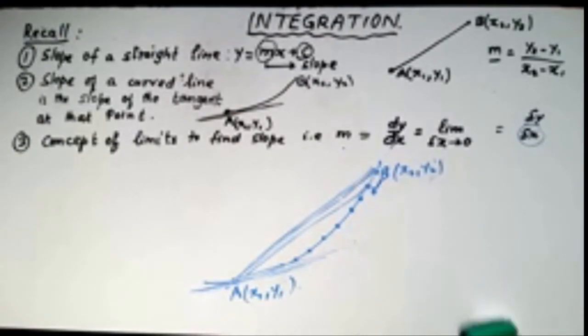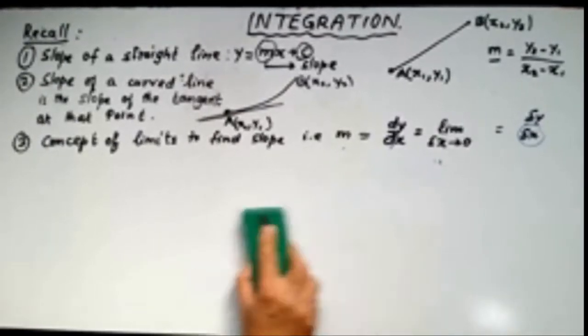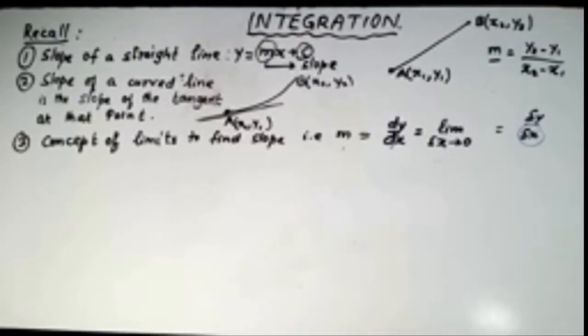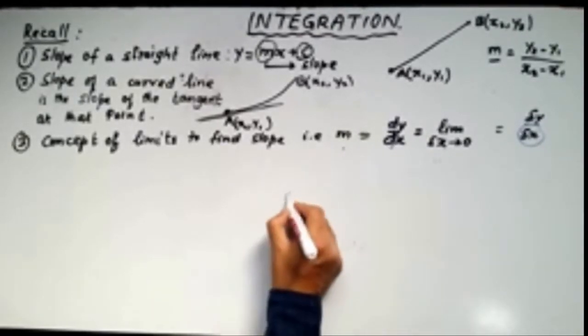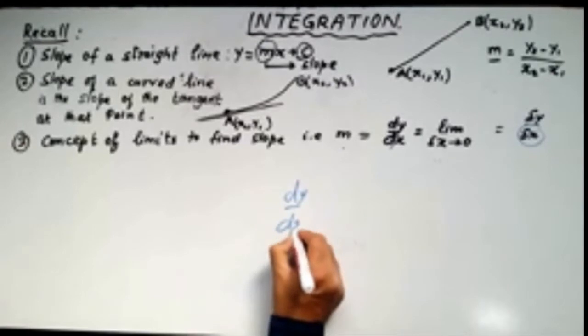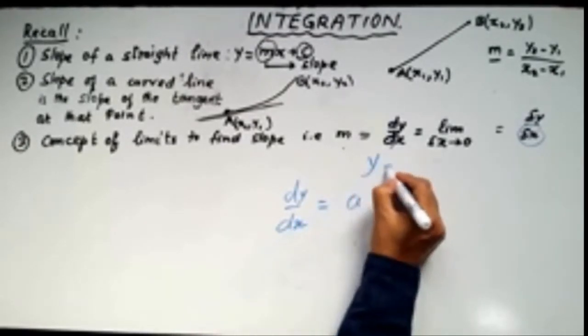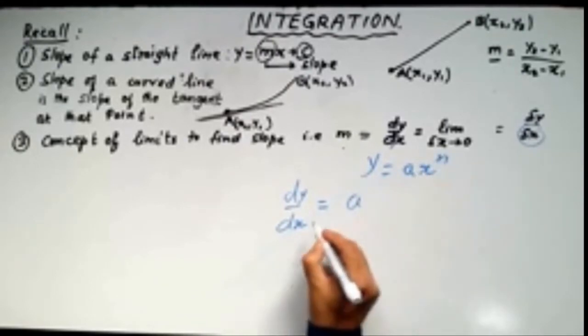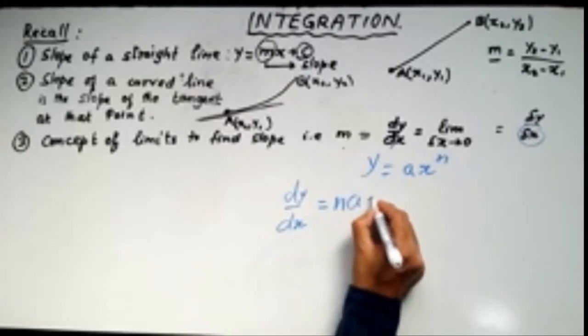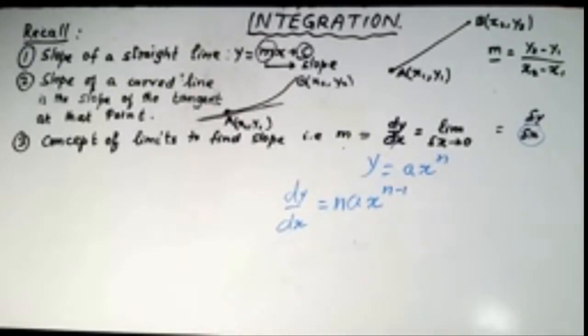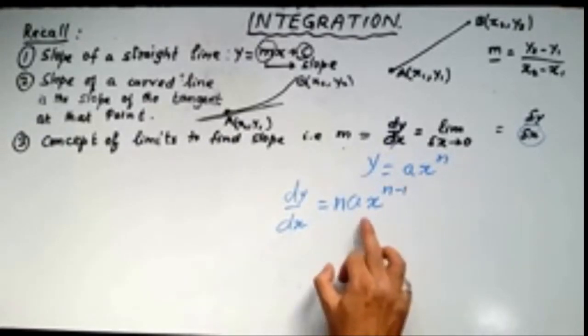And from there onwards, by deriving from first principles, we came to the point where, if y is equal to a x to the power n, then dy by dx is n a x to the power n minus 1. We also found the differentiation of other algebraic expressions.